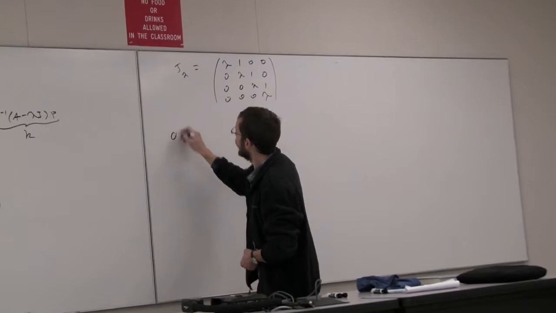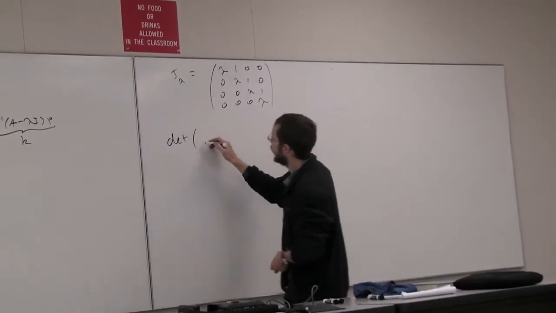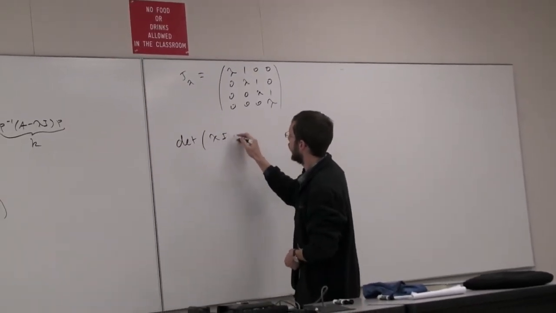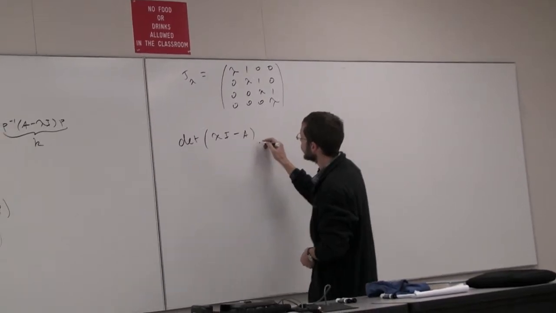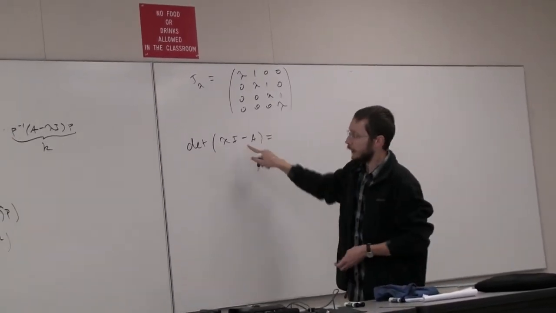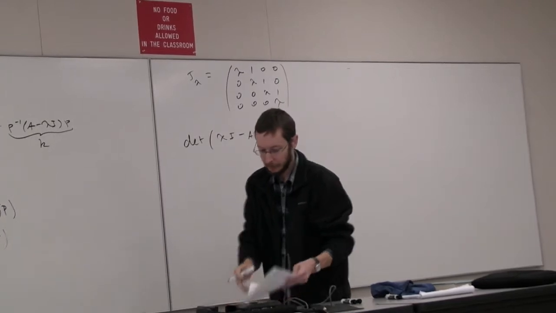So for the eigenvalues, we know we compute the characteristic polynomial, which says take the determinant of lambda I minus A. And when you do that, you'd end up with this lovely polynomial here.